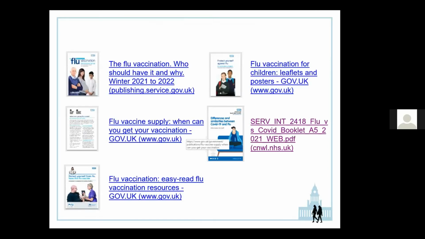There are also many supporting leaflets available about the flu vaccination, a few of which, again, you can see on this slide. These include the flu vaccination, who should have it and why, flu vaccine supply, when can you get your vaccination, and flu vaccination for children, leaflets and posters. All of these leaflets are printable, and you can also order them from the Public Health Resource Centre.